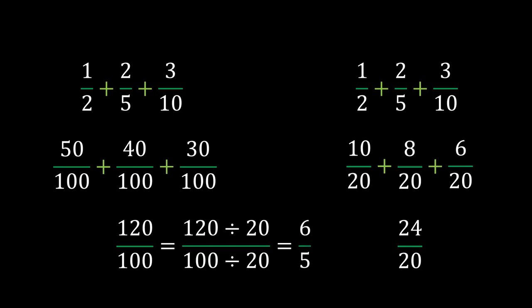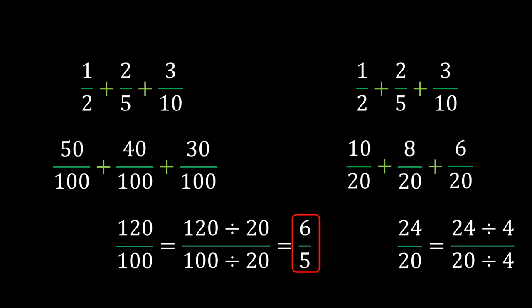Dividing the numerator and denominator of 120 hundredths by 20, it gives you 6/5. Similarly, dividing the numerator and denominator of 24/20 by 4 also gives us 6/5. So they both are equivalent fractions. That means both the solutions are giving the same answer.